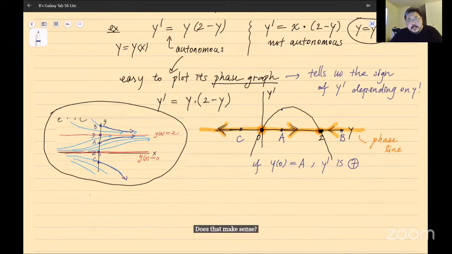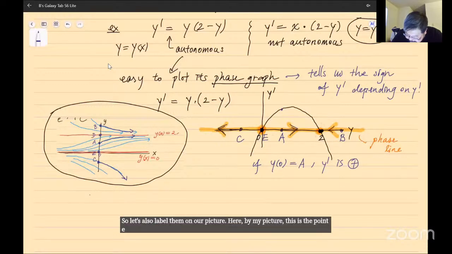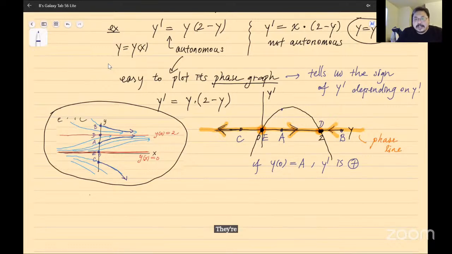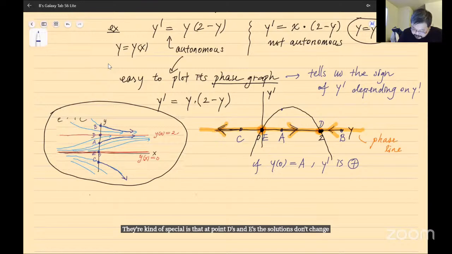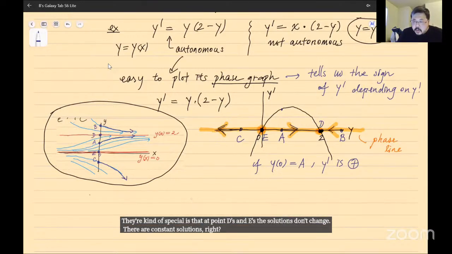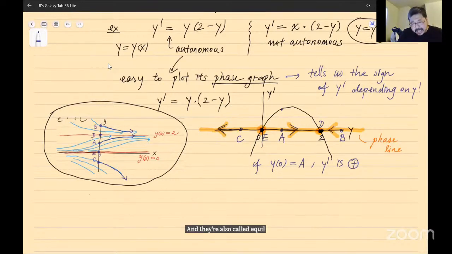Now, two special points of interest are the points D and E. Let's also label them on our picture. By my picture, this is the point E, and 2 is the point D right here. They're special in that at points D and E, the solutions don't change. They're constant solutions, and they're also called equilibrium solutions, and we can classify these.